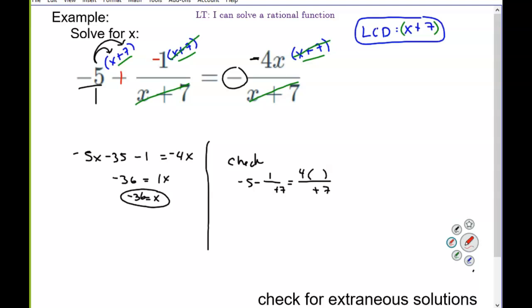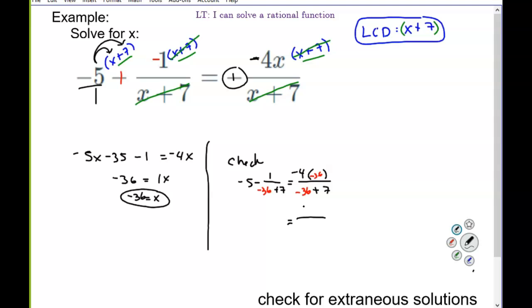This might even be one that I definitely just grabbed my calculator for. But I'm going to go back to the original problem, and we're going to plug in negative 36. And then I'm definitely not going to forget that negative. That should go there.